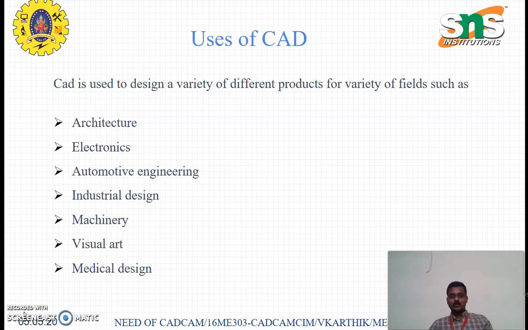Electronics: all the electronic components, like small speakers or TVs, whatever electronic goods we are using, some CAD systems or software have been used. Automotive engineering, mainly these systems are used in automotive engineering, industrial design, machinery, visual art, and medical design. These are all the applications or uses of CAD software.